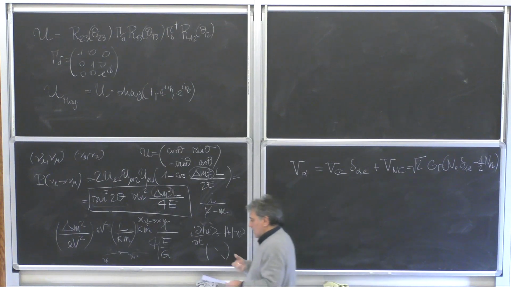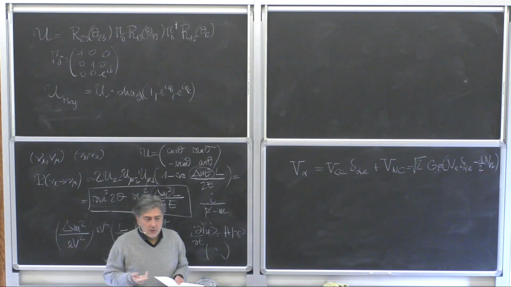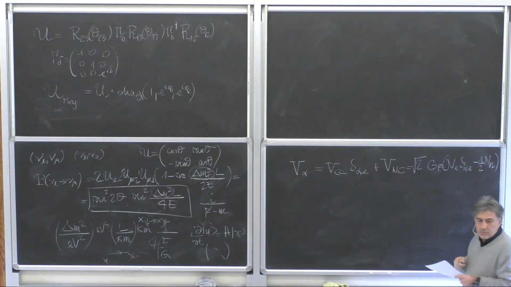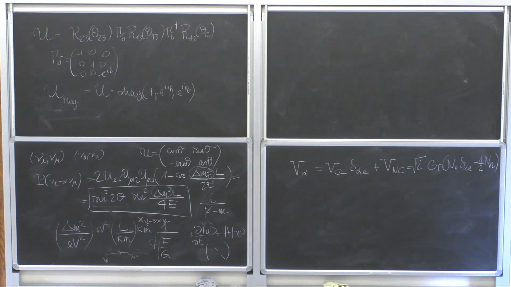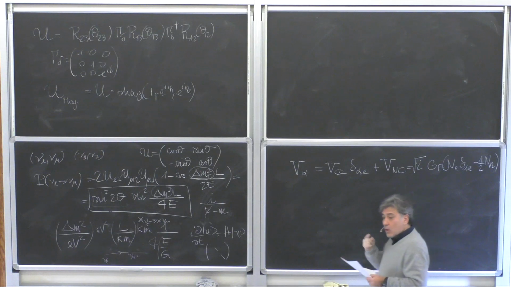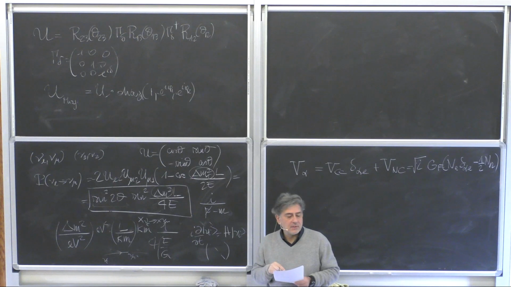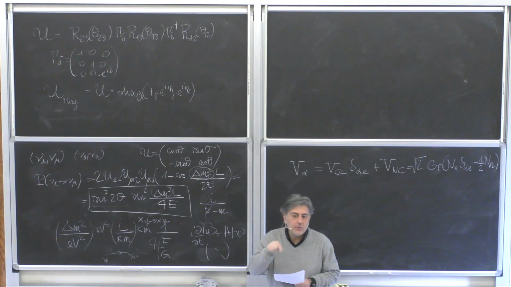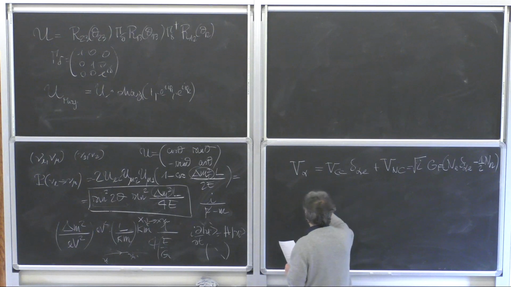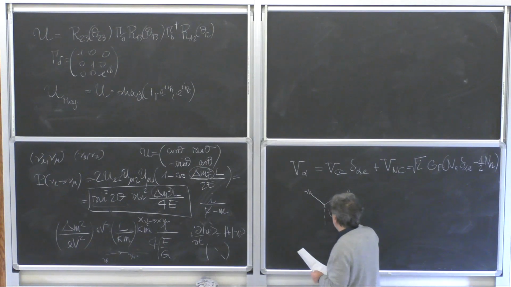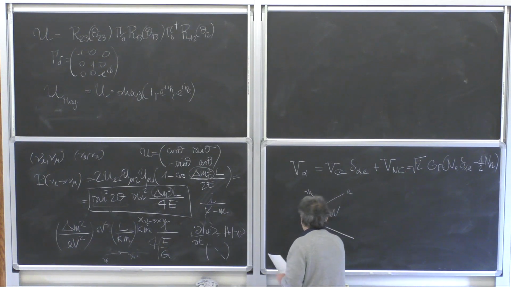In general, all flavors can scatter, for instance, off a nucleon, and we have neutral current interaction that we saw yesterday. But only electron neutrinos can do charged current scattering with the electrons in the medium. We saw that charged current scattering transforms a neutrino into an electron, for instance.